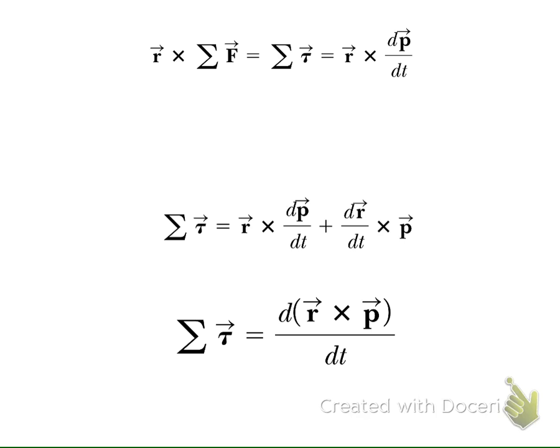From the definition of the torque, the net torque on the particle is equal to r cross the net force. This is the net force on the particle, and this is the position vector pointing from O to the particle. So the torque is equal to r cross F.